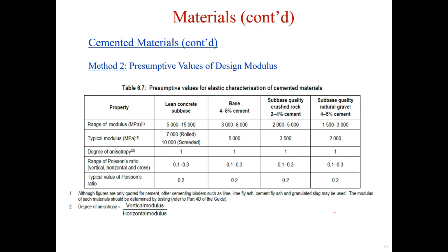The moduli of cemented materials are dependent on a number of factors, such as the material quality, the binder content, and density. The presumptive values can't account for variations in these important parameters, so they should be treated with caution.